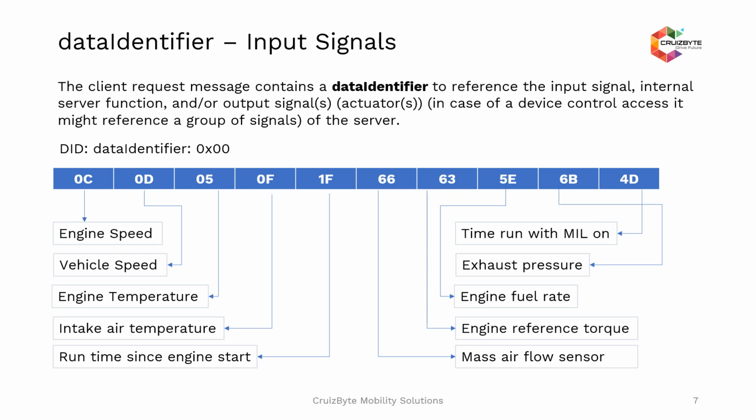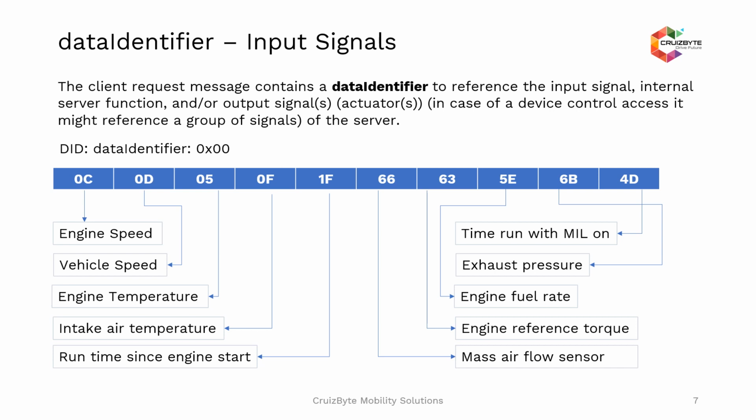Now we'll get into the details of what we mean by data identifier. Before going into the request response understanding of this particular SID, there are a few input and calibration parameters happening inside the ECU that need to be understood, because these are the data elements which we are going to control from the diagnostic tester.